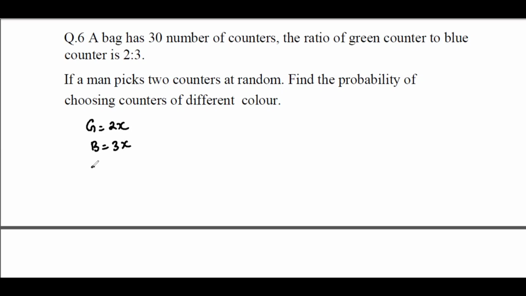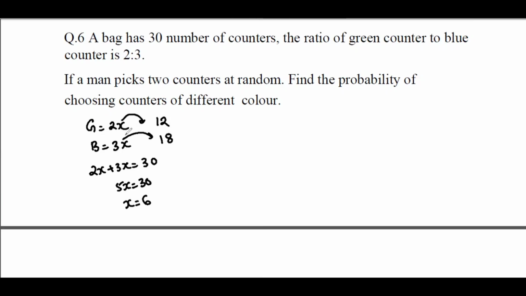Then 2x plus 3x is equals to 30 because total green and blue counters are 30. So 5x is equals to 30 and here x is equals to 6, which means green will be 2 times 6, that is 12, and blue will be 3 times 6, which is 18.